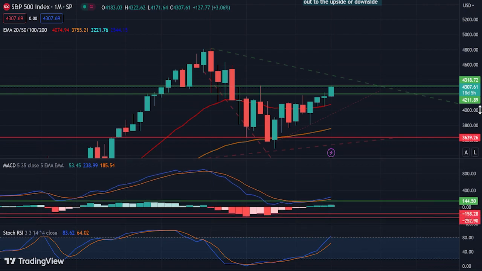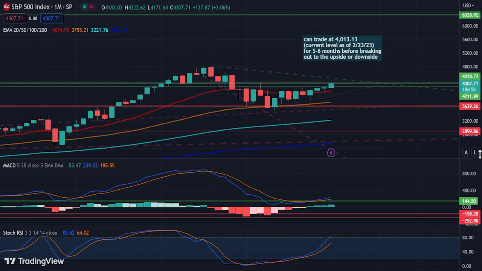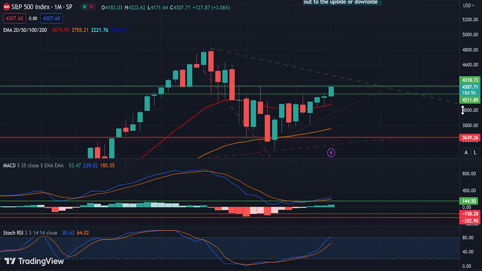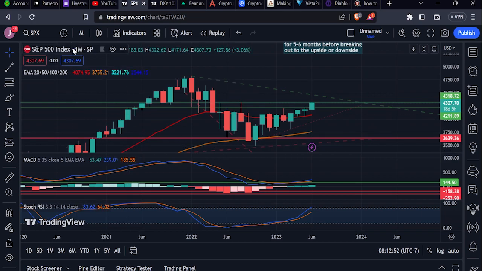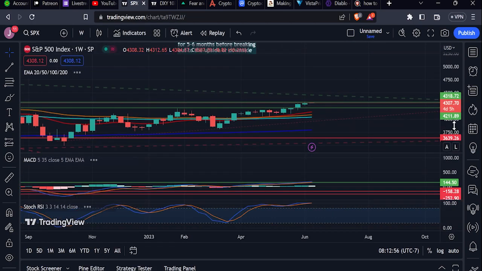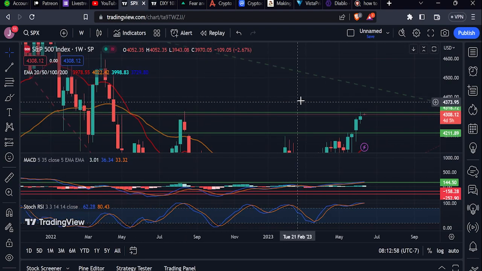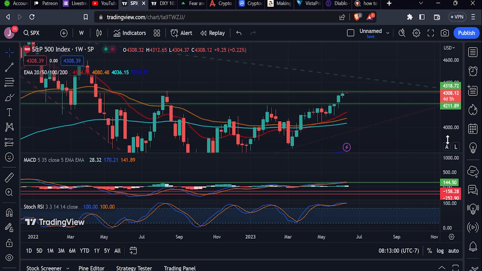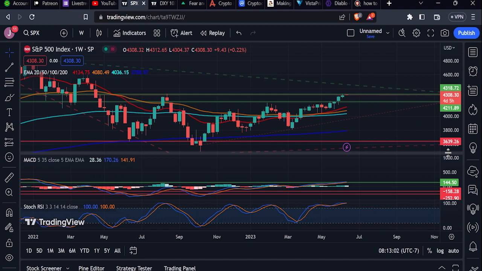So we're mainly talking about the mid-long term right now, but for the short term, let's see. We could go down to 1 week and see how it's looking. So right now, I'd say if you're going to enter, if you're going to buy some stocks, look for stocks that are at a support level.